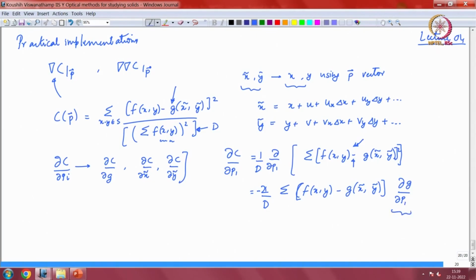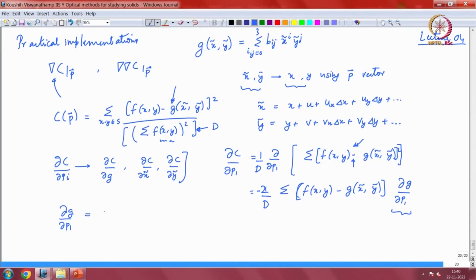Now, you need to evaluate this guy of course. So, dou g by dou P1, remember what g was, we had this bicubic interpolation business going. So, this is a double summation over i and j going from 0 to 3. So, this is power. So, x tilde power 0 is the 0th order term, x tilde power 1 is the linear term, and then the square term and the cubic term.